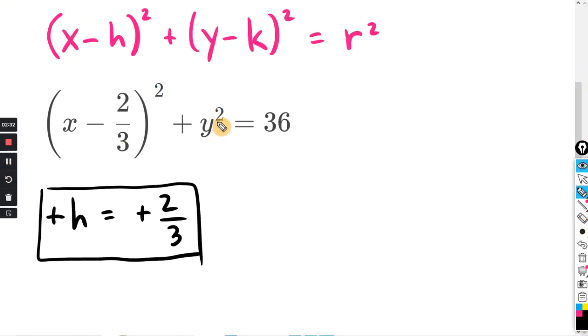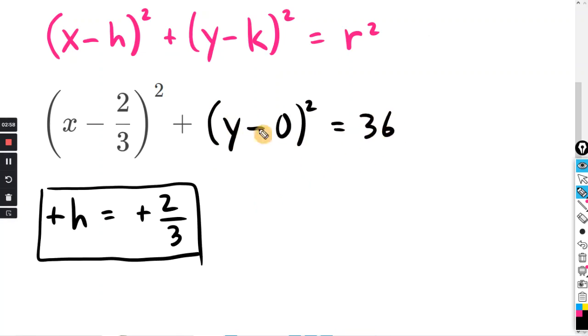Now, as far as y squared is concerned, for me to match it up to this binomial right here, I can make this y minus 0 squared. So let me erase this and make more room. So instead of y squared, I am going to make it y minus 0 squared. That's the same thing, and it was equal to 36.